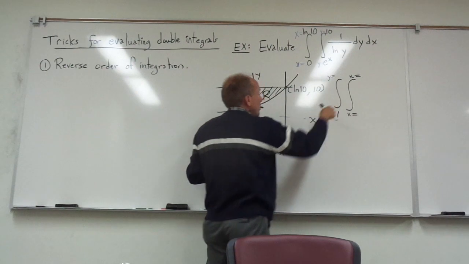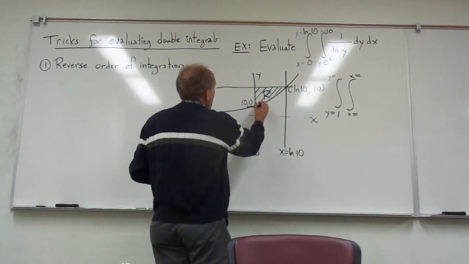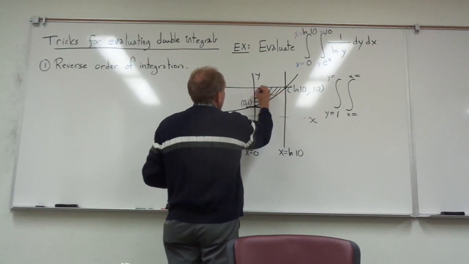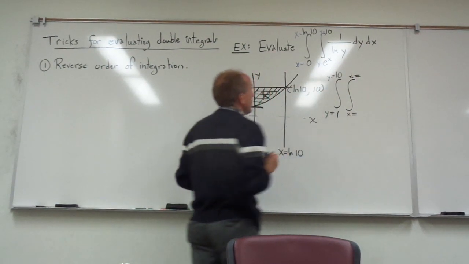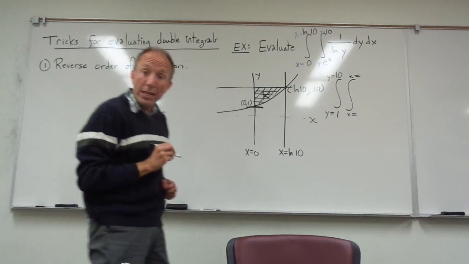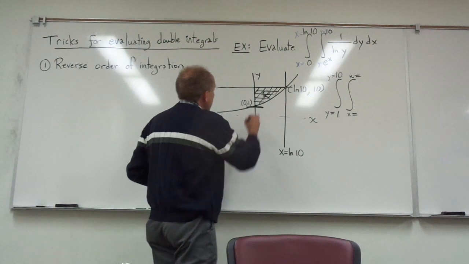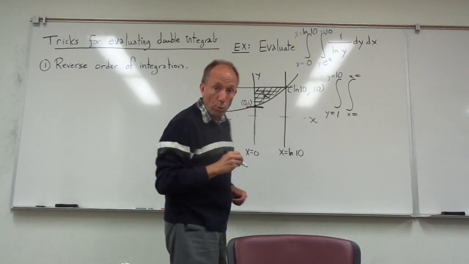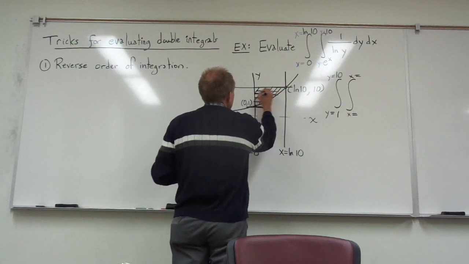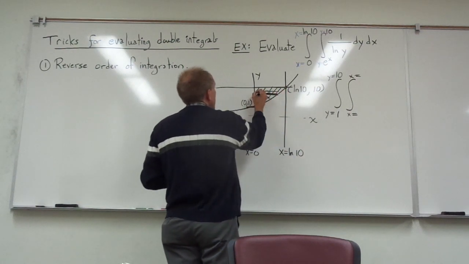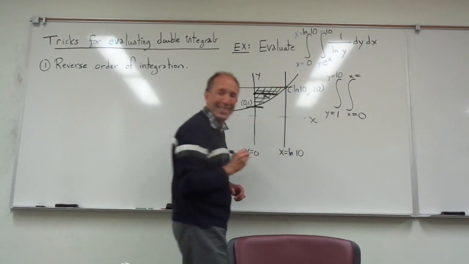Remember, the outside limits of integration always have to be constant numbers. Now we're going to integrate until we get up to y equals 10. So the outside limits would be y from 1 to 10. Then if I stand somewhere with a y value between 1 and 10, and I look in the x direction, notice that I start integrating right here at x equals 0.